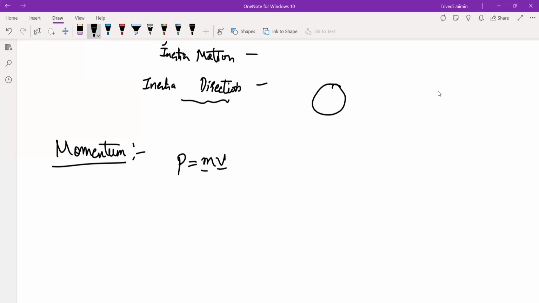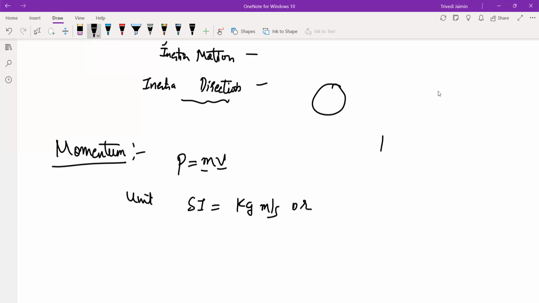Now, units. SI unit: kilogram meter per second. Tell me in Newton. How to get it in Newton?